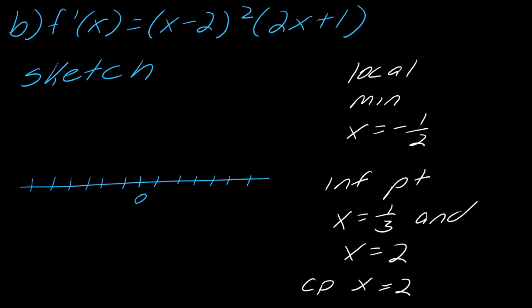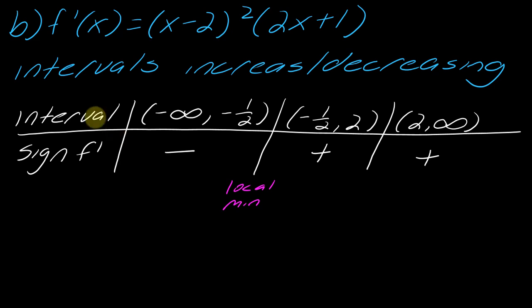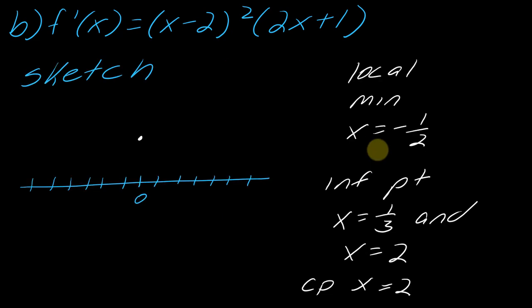Okay, so at negative 1/2, so here's where I'm at 0. So here's negative 1, so negative 1/2, we'll just put it somewhere here. So I know that I'm supposed to be decreasing to negative 1/2 and then increasing from negative 1/2 to 2. So going back to this, so here's my negative 1/2.